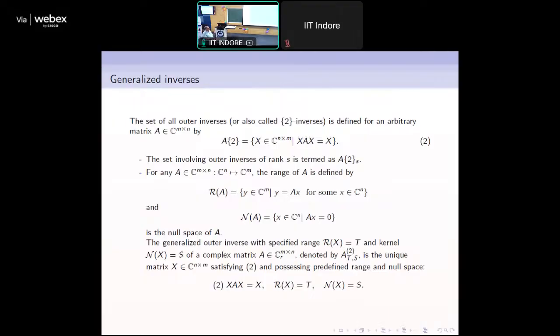It is interesting to consider outer inverses with prescribed range and prescribed null space. We know that such outer inverses with both prescribed range and null space are unique. Typically, many composite G inverses defined in the literature are outer inverses with prescribed range and null space.